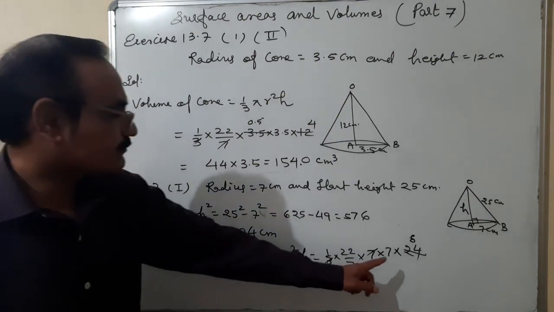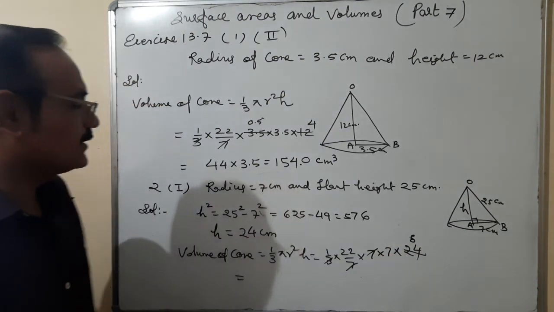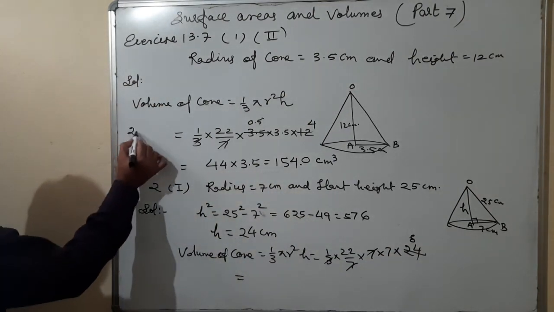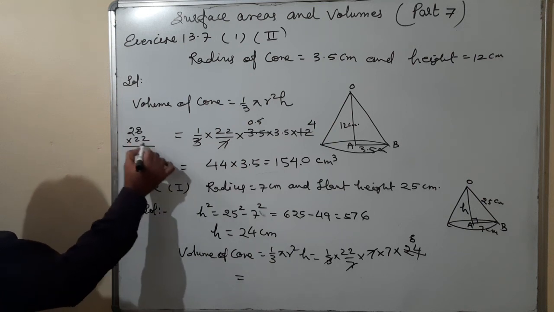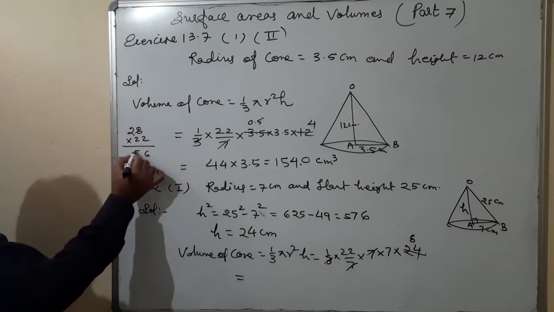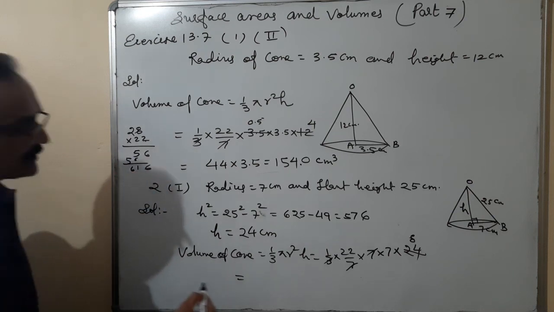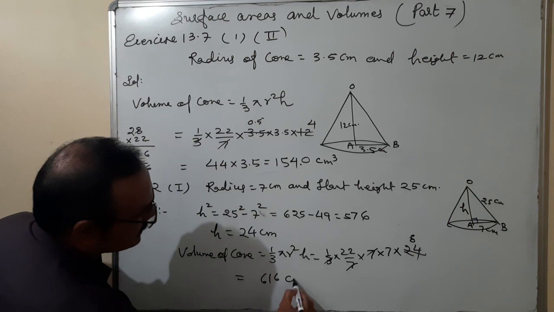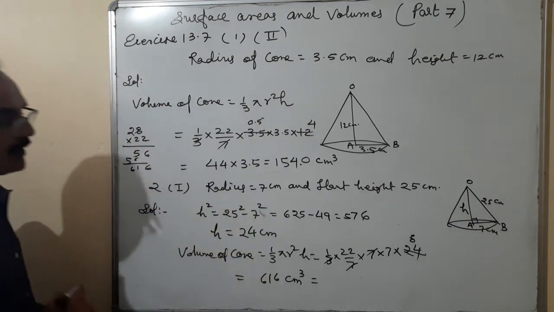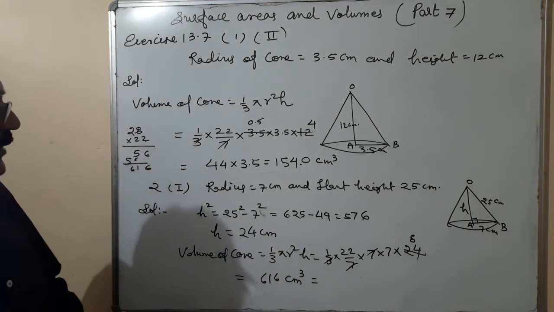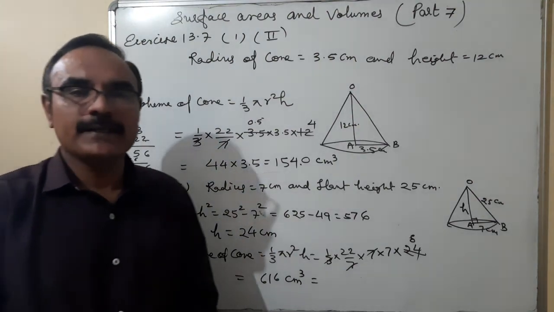This is 7 times 4 is 28. 28 multiplied by 22 gives 616 centimeter cube.